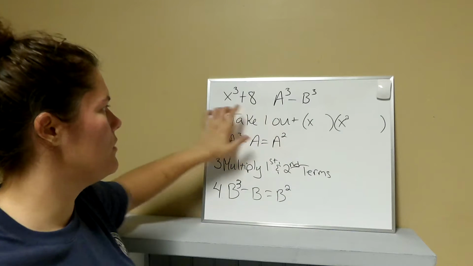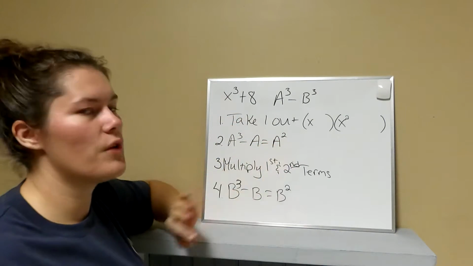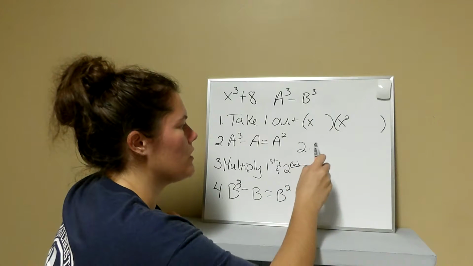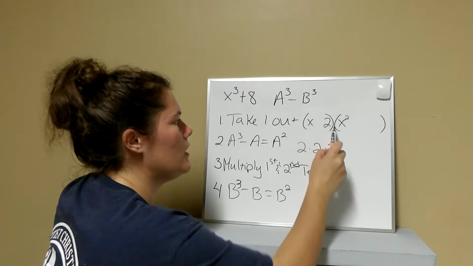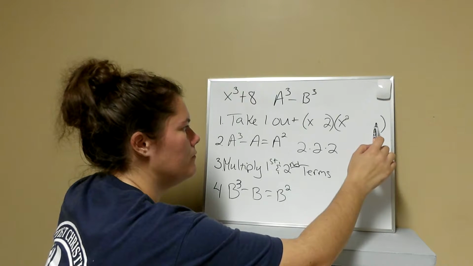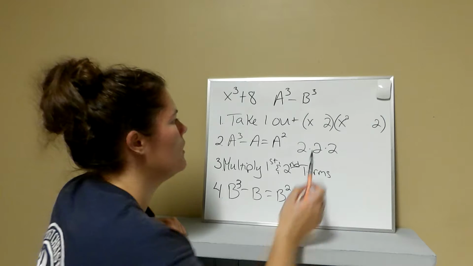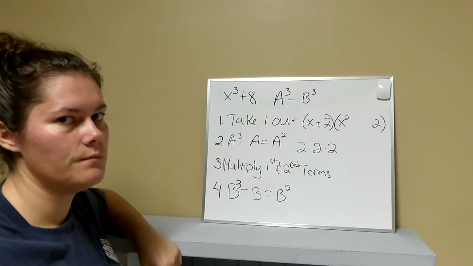And in order to, you would have to do something similar to this, where you would have to break it down into 3 sections. So what equals that, you would have 2 times 2 times 2 equals 8. So you would put 2 here. Then you would put a 2 here. And then because this is positive, you would put a positive here.